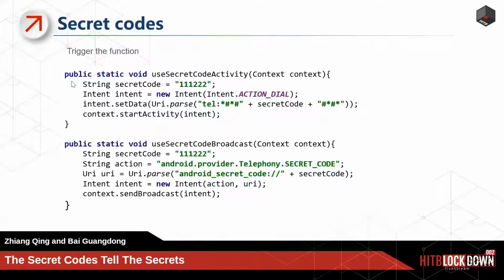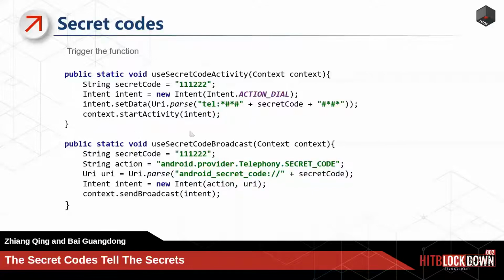So what you can do, first, you construct such an intent with the dialer action and the secret code. Then you just call startActivity. Once you call it, this intent will be sent to the one who is listening to this intent.